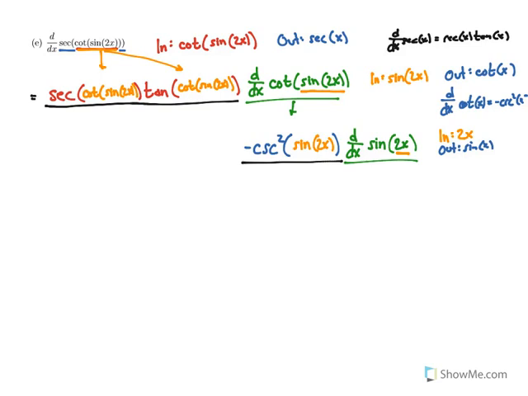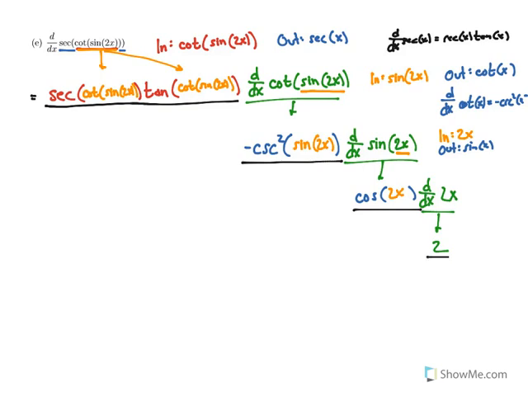So that's going to give us cosine of 2x times the derivative of 2x, and the derivative of 2x is 2.